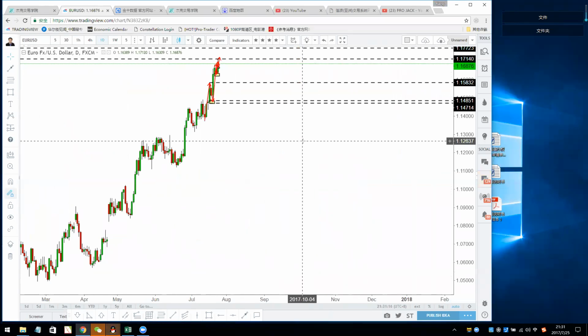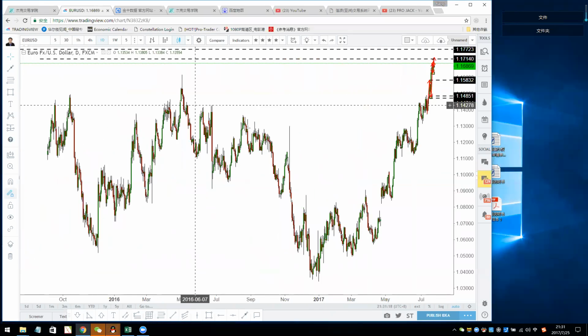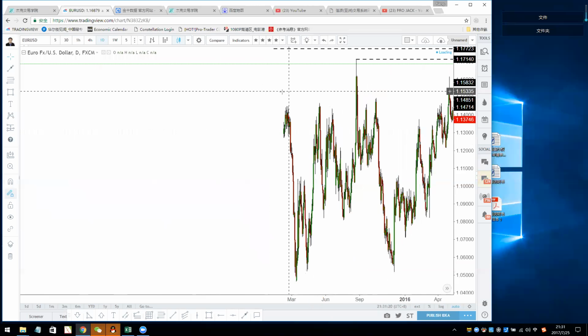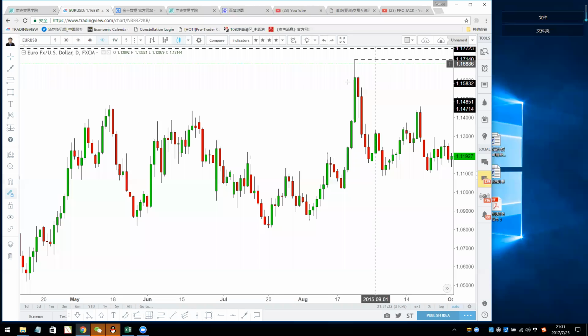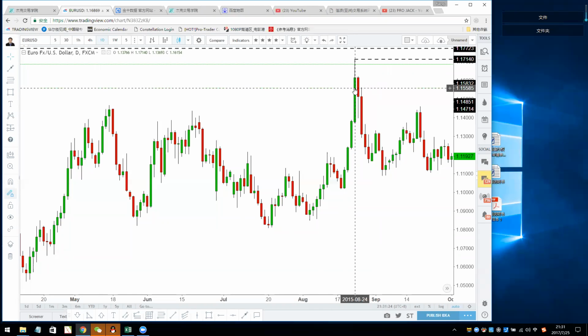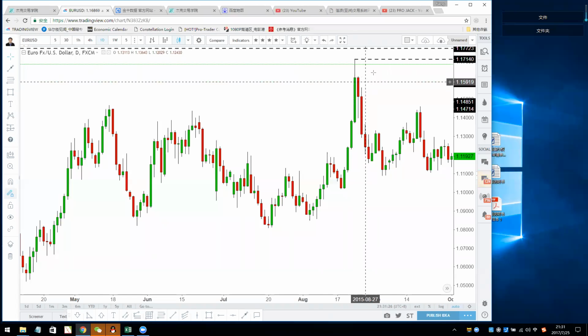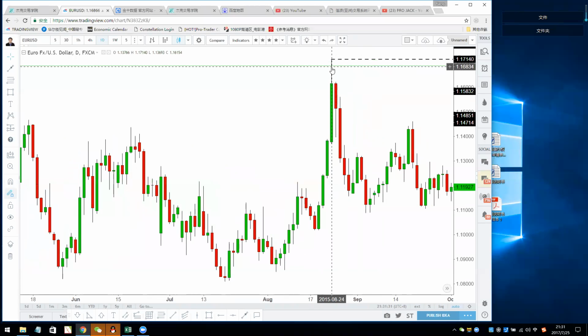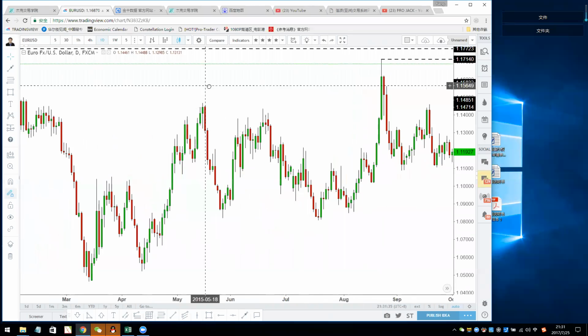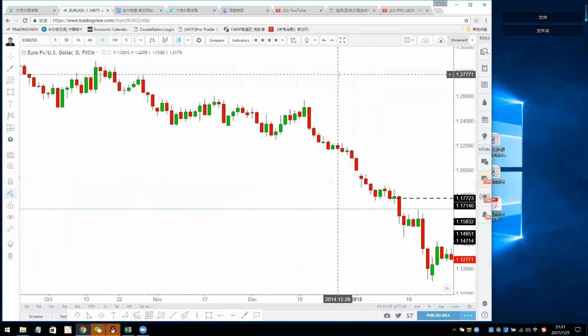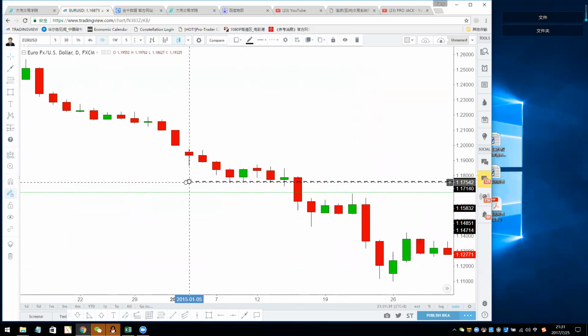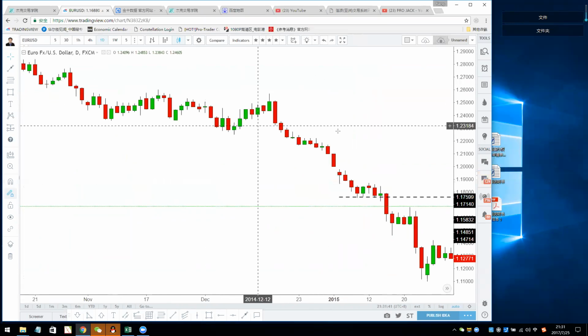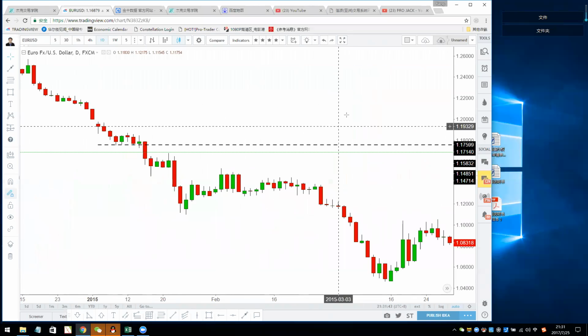All right, so the euro is going to touch 1.1714, and it just touched it. 1.1714 is where the previous pink bar appeared on August 24th, 2015, almost 2 years ago, and that is the last time. Look left, there is a very strong structure at 1.1760.